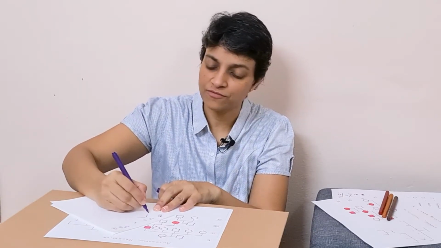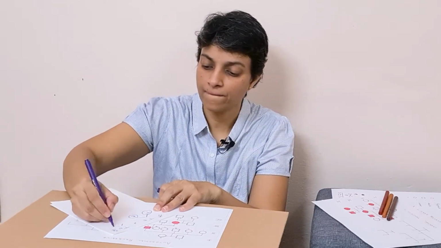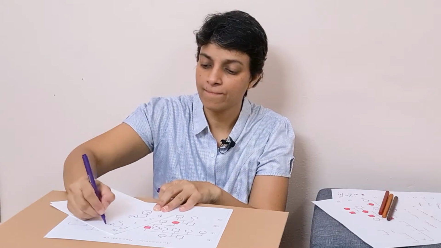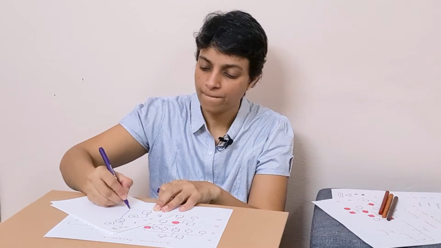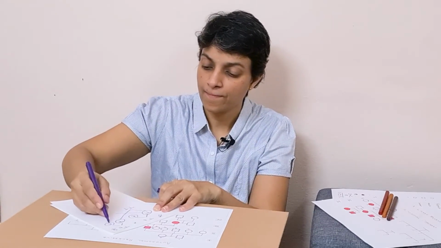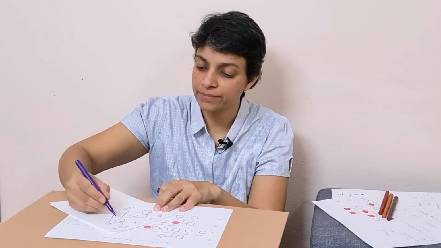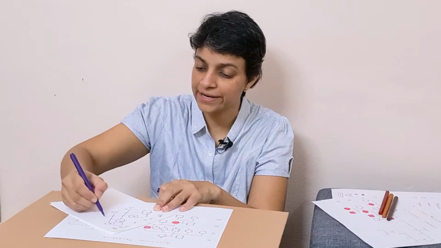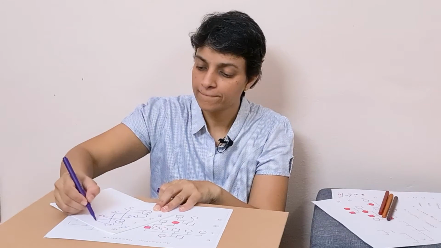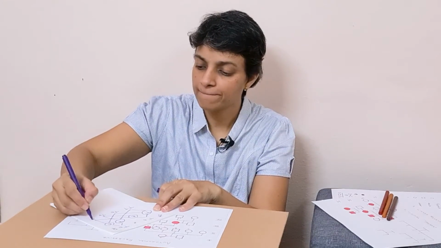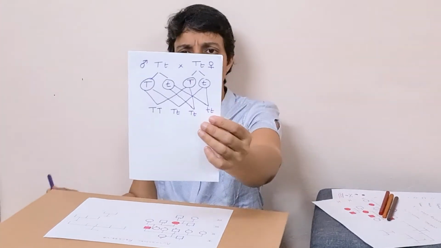I'll tell you one interesting fact here. I'm just drawing the Punnett square method to show how the gametes sort out and segregate and assort. Nothing new. This is how we represent a simple Mendel's cross.